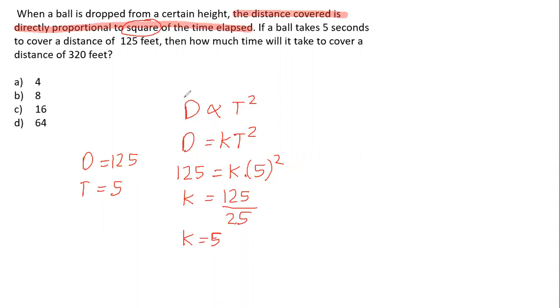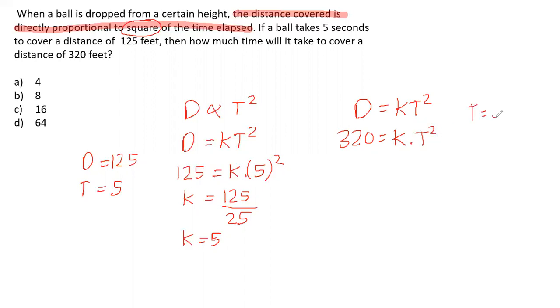Now, if I read the question forward, they say, how much time will it take to cover a distance of 320 feet? Now, the distance is equal to k t square. I know that. I know the distance is 320 feet, and they are asking me the value of t.